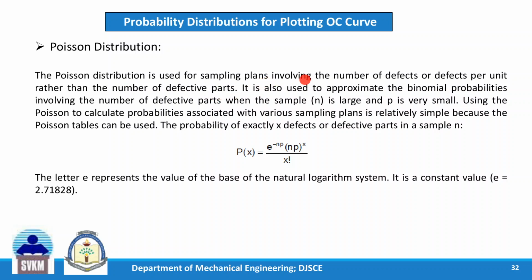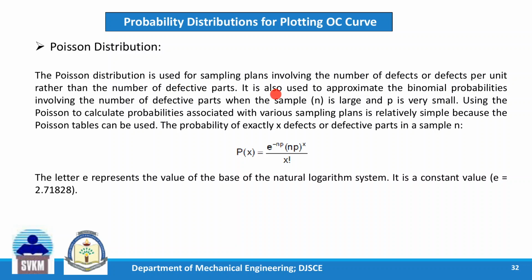So in such a case, for example, during the assembly of an automobile, a particular part has a number of defects. For example, the bearing has around 4 defects, so 4 defects per bearing, that is the case here. So the Poisson distribution is for the number of defects per unit rather than percentage defective or fraction defective or defective parts.